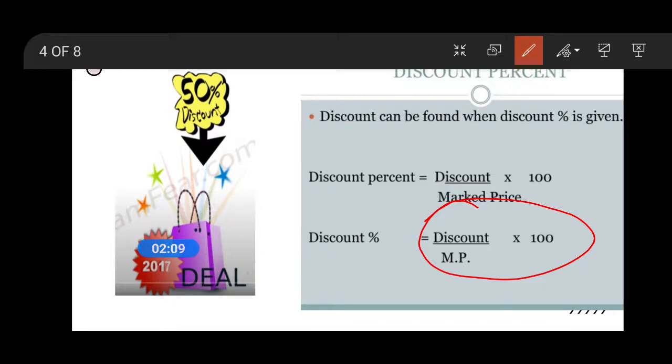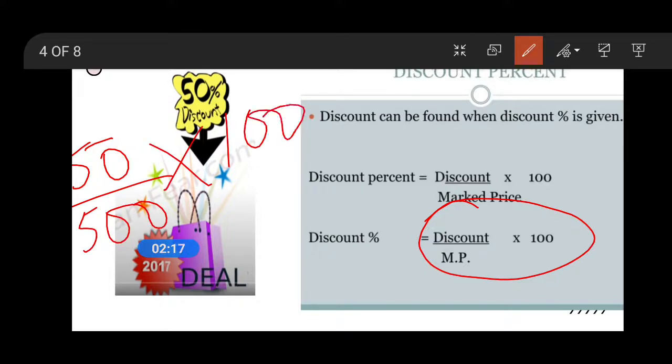So discount was of 50 rupees divided by marked price which was 500 into 100. So these values give you the discount percent of 10%. So we can easily find out the discount percent as 10%.